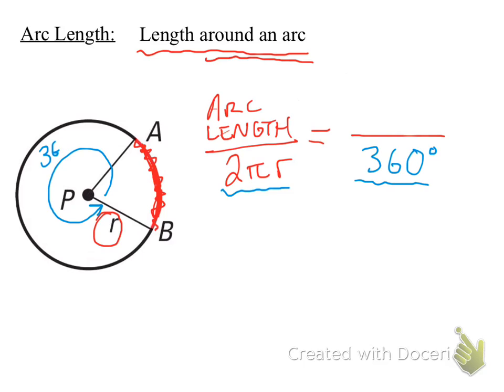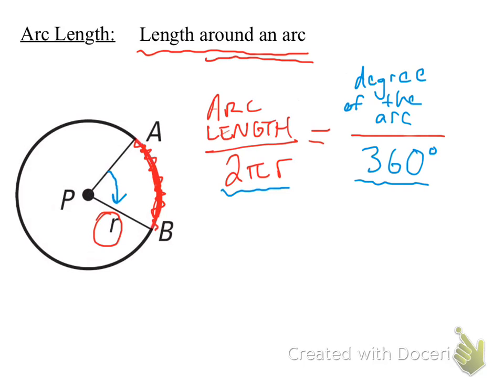Arc length is only going from the radius to the radius that form the central angle APB, meaning 360 degrees is going to be related to the degree of the arc.